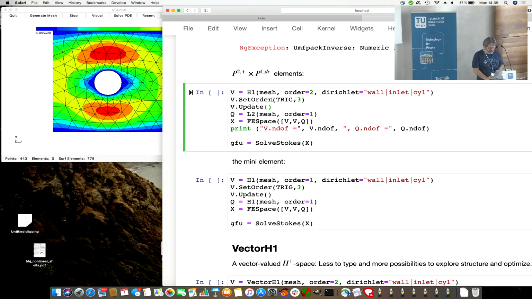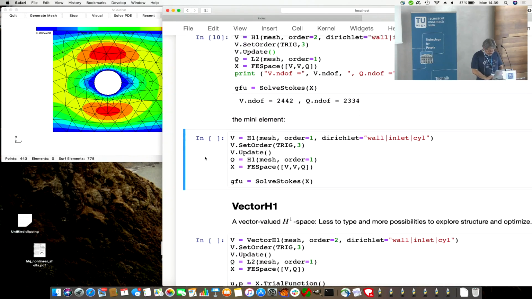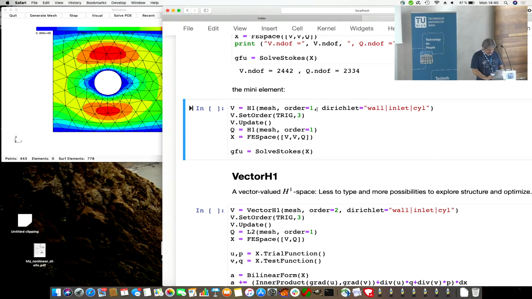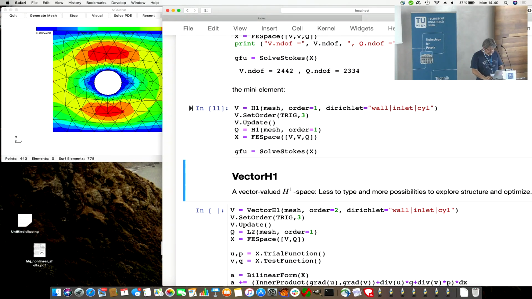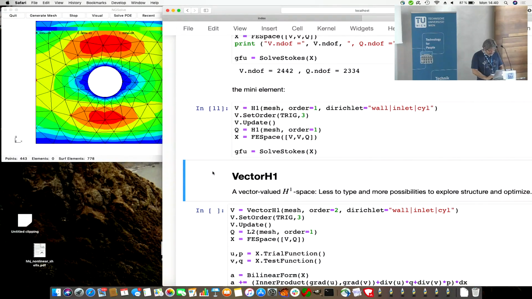So we set the order for all triangles to 3. This means the internal element nodes have order 3 for the whole mesh. We are enriching the velocity space. Pressure space in L2, this was linear, and this works. Very similar, the mini element, order 1 with a cubic bubble, working but not that nice.